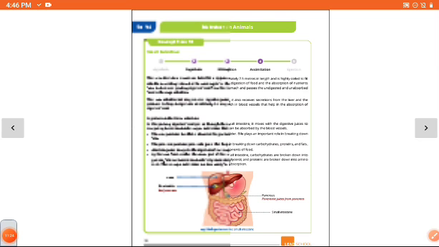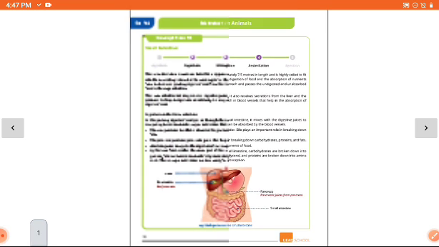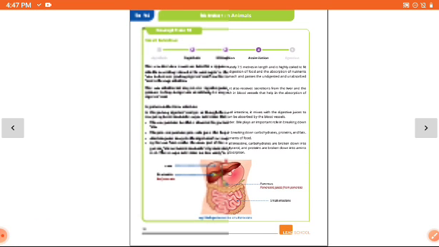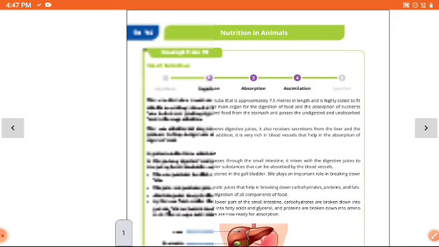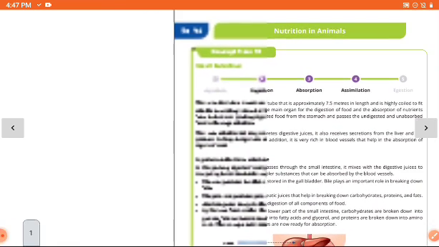So students, you have to practice on your own according to your supplementary book SB, which is represented on the screen.